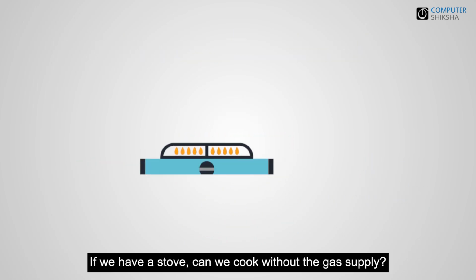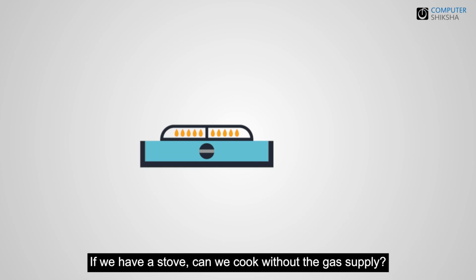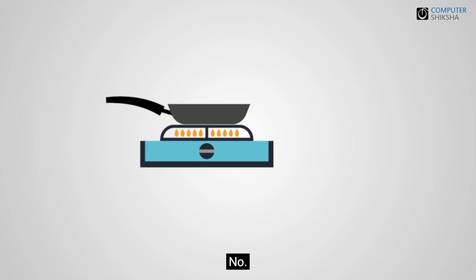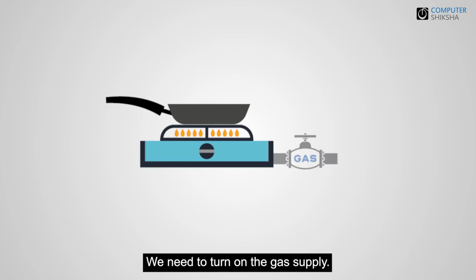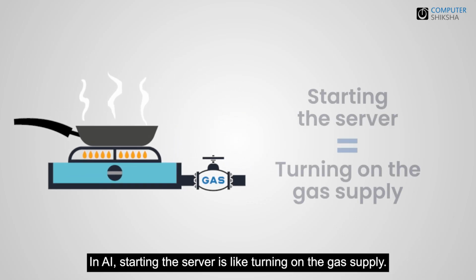Think about our kitchen example again. If we have a stove, can we cook without the gas supply? No. So what do we do? We need to turn on the gas supply. In AI, starting the server is like turning on the gas supply.